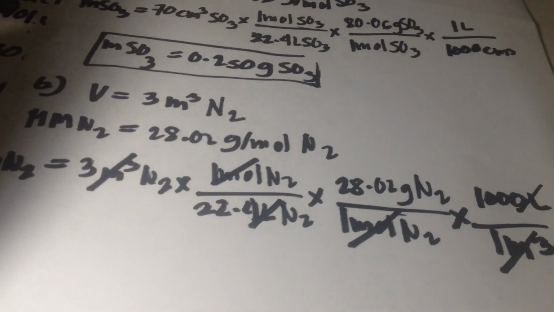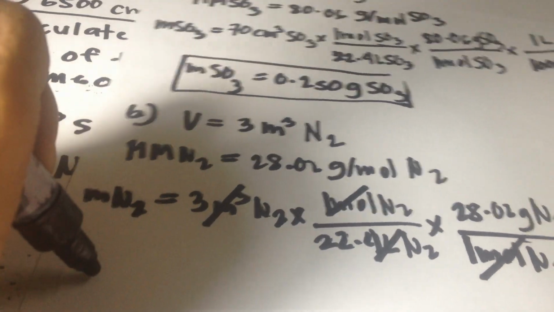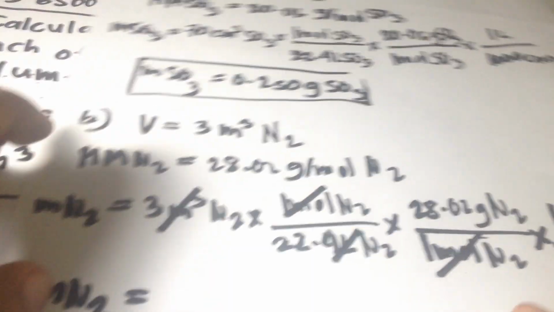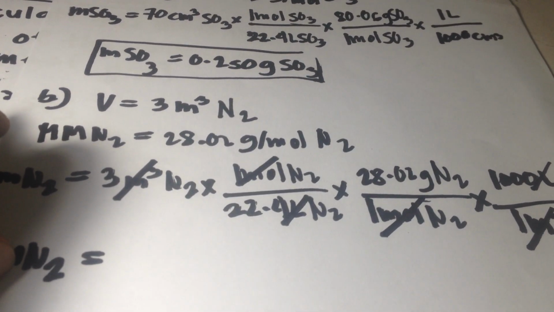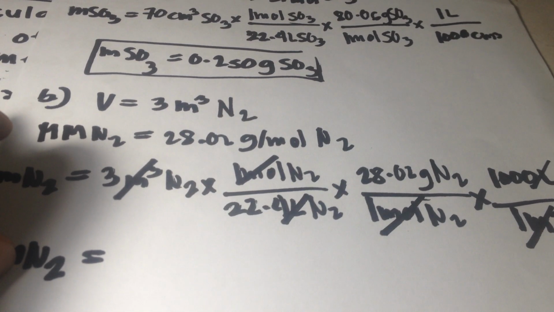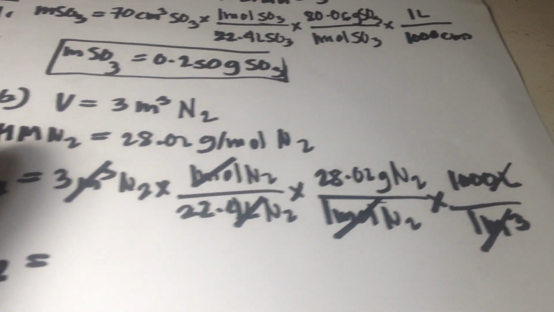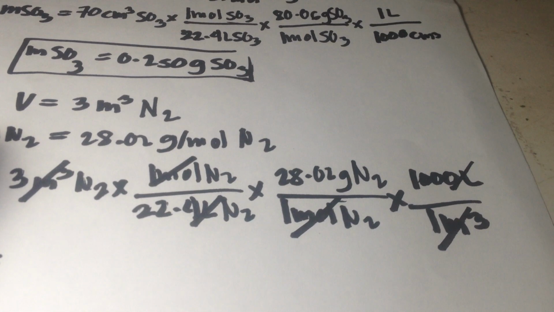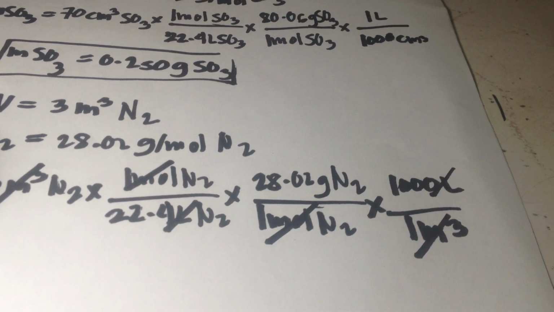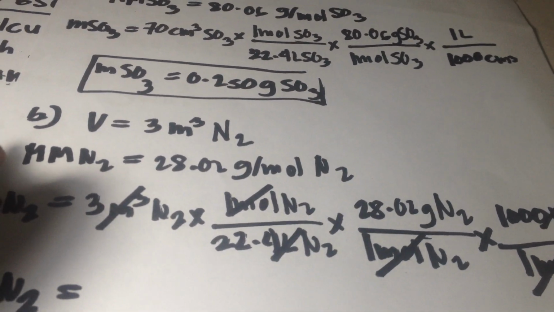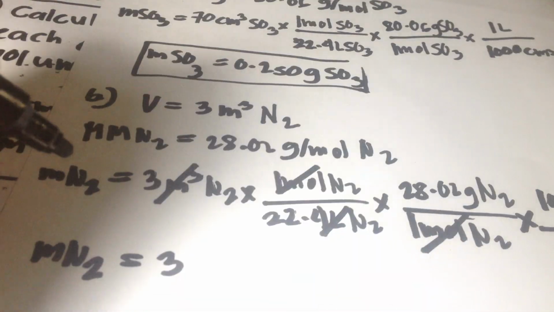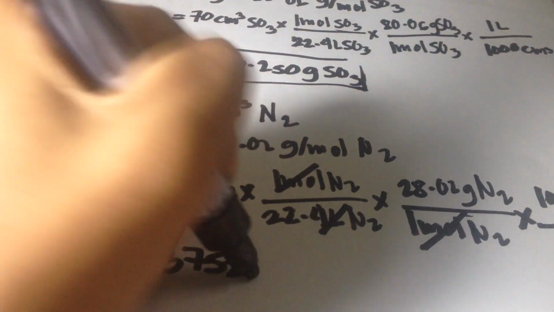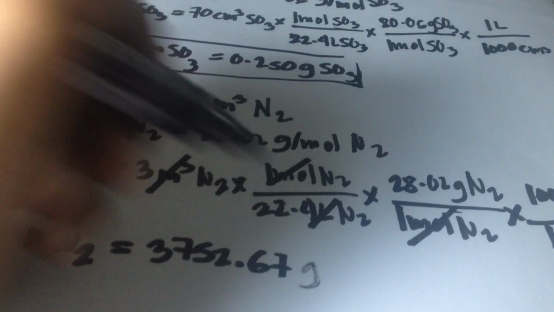Okay, so the mass of N2 is equal to 3 divided by 22.4 times 28.02 over 1 times 1000 liters, which is equal to 3,752.67 grams of nitrogen gas.